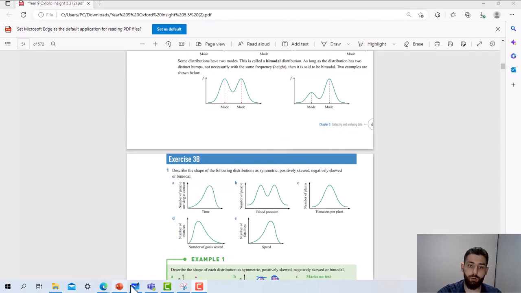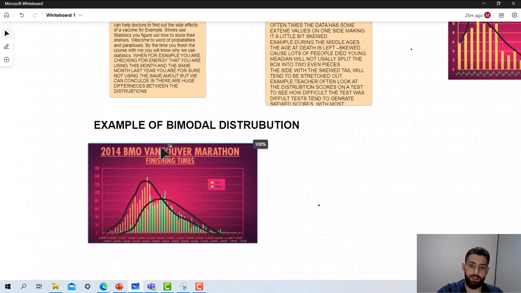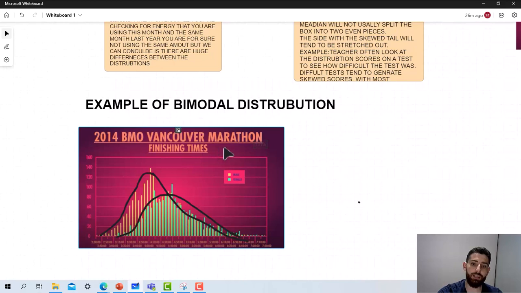A quick example of a bimodal distribution is a marathon. We know in the marathon the professional people finish first. That's when the first peak comes. And the amateurs come second. So that's why here we have bimodal.